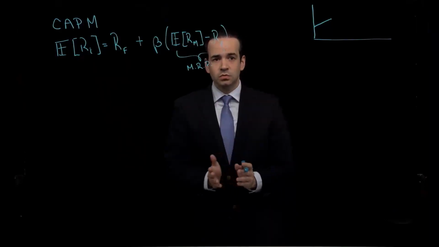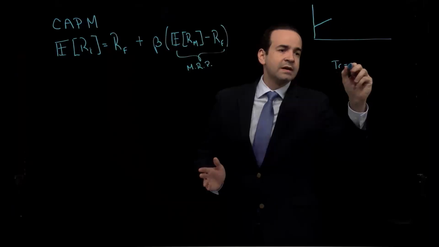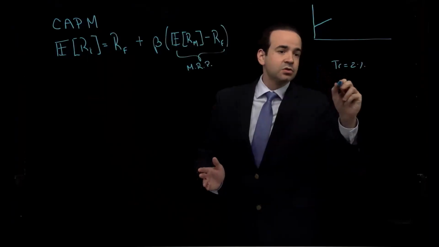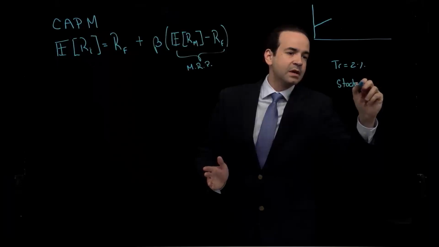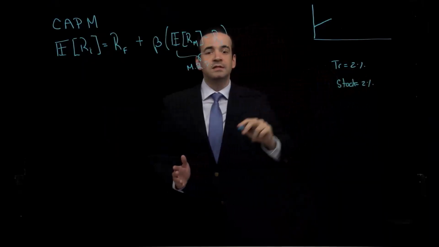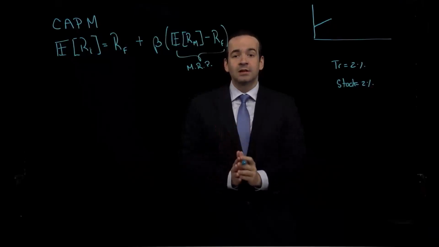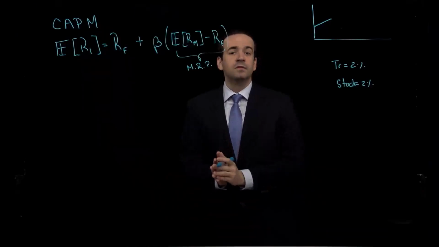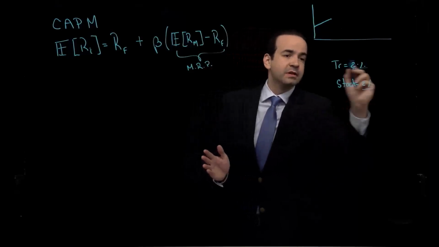So let's just assume for 1 second that the treasuries are providing a 2% return and the stock that you're being offered is also providing 2%. Then nobody would invest in the stock, because if you invest in treasuries, you would have a riskless return, whereas if you invest in the stock, you are taking on risk and you're not being compensated for it.